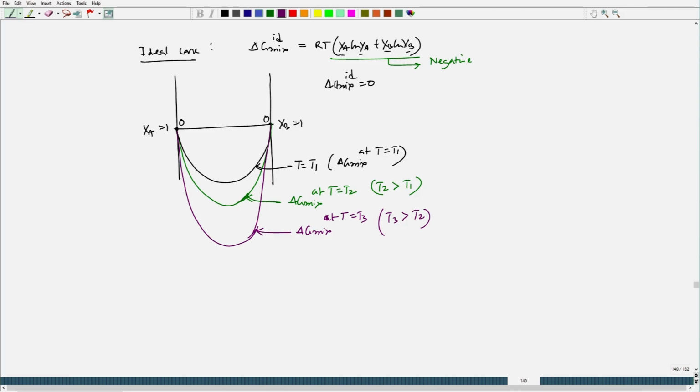That means that the particular phase stability is going up and the system would like to be in that particular phase. But if I decrease the temperature, we will see that this plot will start going up.